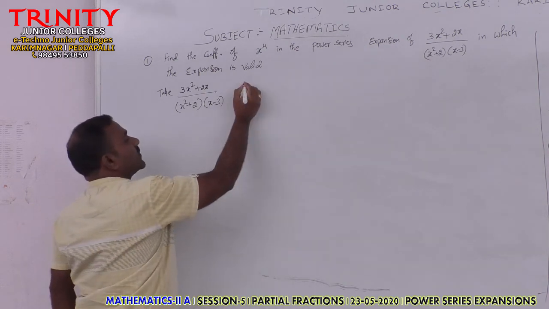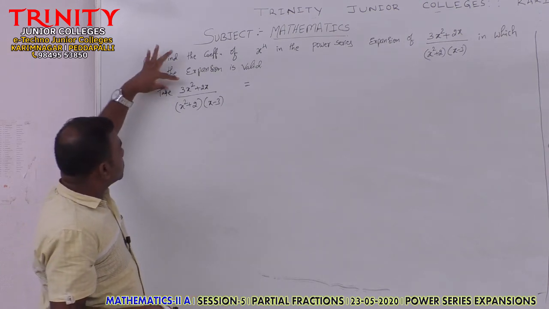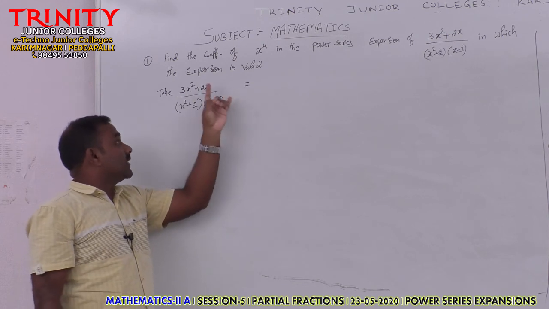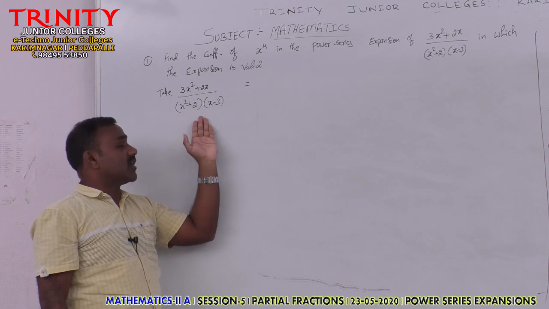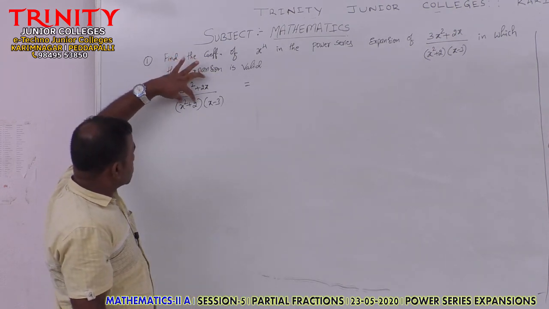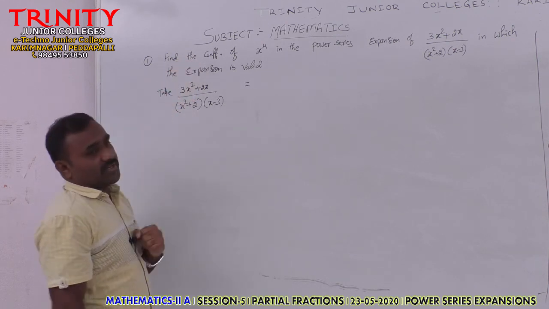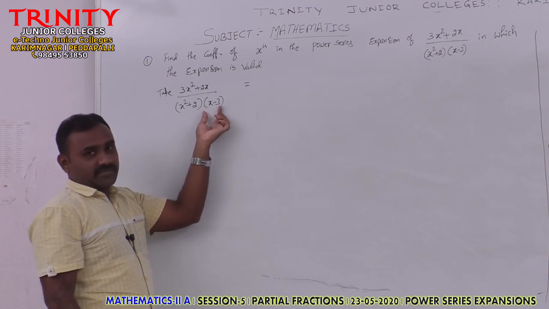There is no problem splitting this fraction into partial fractions. Now we are going to split this fraction into partial fractions. Before that, we have to observe in which form the denominator g of x is. Here x square plus 2 is an irreducible quadratic polynomial, and x minus 3 is a linear factor.